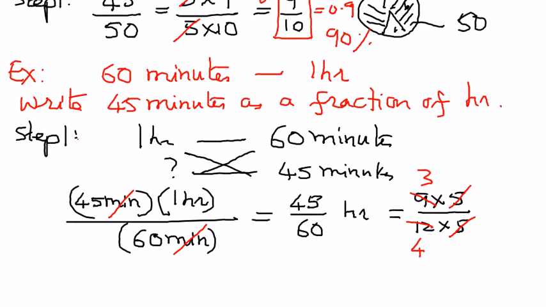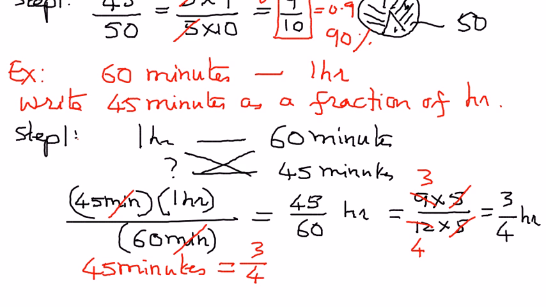So when we simplify this, it comes down to 3 over 4 hours. Therefore 45 minutes is equal to 3/4 of an hour, and that is exactly true. That is how we can apply simplifying fractions in real world situations.